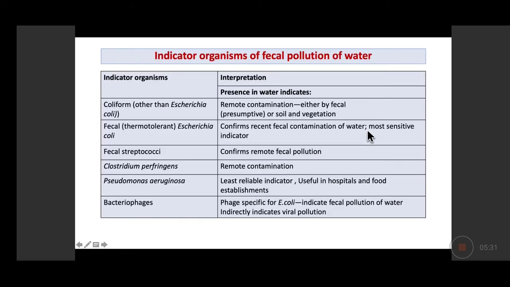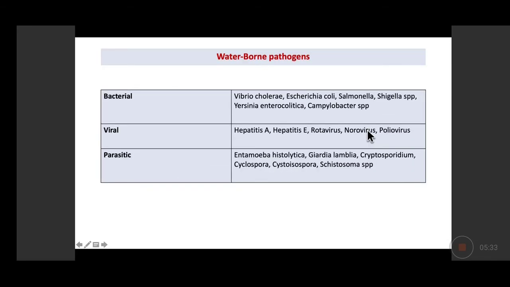So there are certain waterborne pathogens that you must be knowing because you have been taught about these organisms. So there are bacteria like Vibrio cholerae, Escherichia coli, Salmonella, Shigella species, Yersinia enterocolitica, Campylobacter species. All these are the waterborne bacteria. Then there are certain viruses which can spread through fecal-oral route, such as hepatitis A and E. Then diarrheogenic viruses which can cause gastroenteritis in humans, such as rotavirus and norovirus.